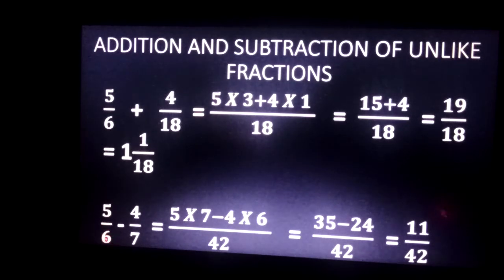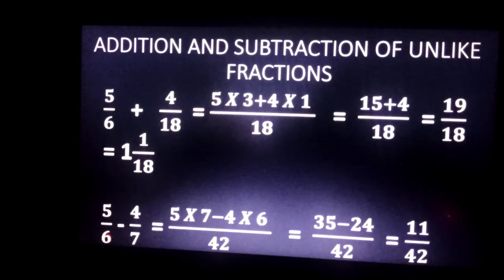So the factors of 6 will be 1, 2, 3 and 6. But the factors of 7 will be 1 and 7. The only common factor is 1. Therefore, I'll just multiply them and the answer is 42. 42 is the LCM of 6 and 7.